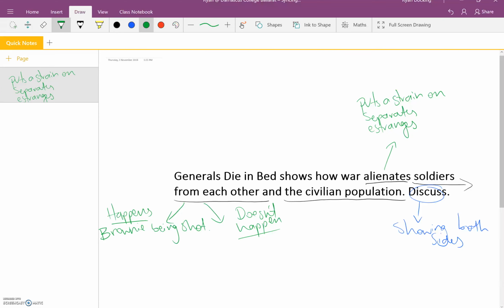What you might remember is when Brownie's shot, the immediate focus for the soldiers is who gets the sugar or who's dividing up the sugar. So it shows us that the soldiers are alienated from each other. It's not a human response. In saying that, the word of the study of this text is dehumanization.